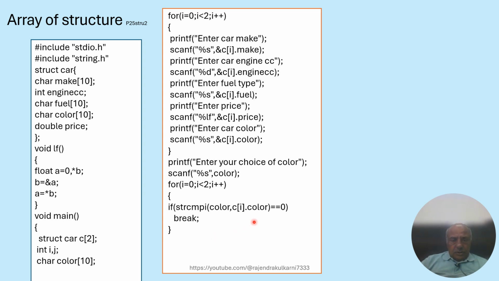When this if statement is true, the for loop breaks, and now the element number of array C, the color of which matches with the user input, is evaluated or is available.